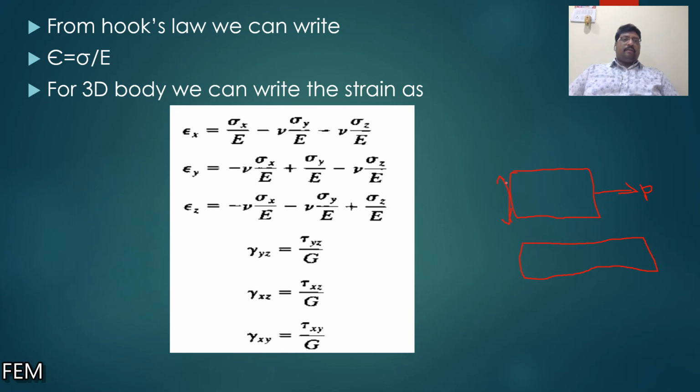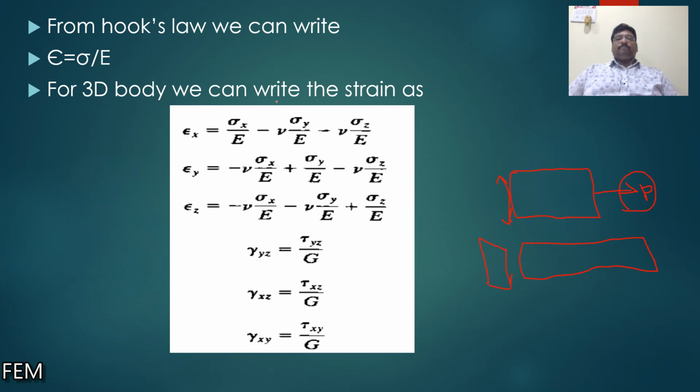So even if you apply load in the x direction, strain is generated in the y direction also. Correspondingly, in a three-dimensional body, even if I apply the load in one direction, strain will be produced in the other directions also.